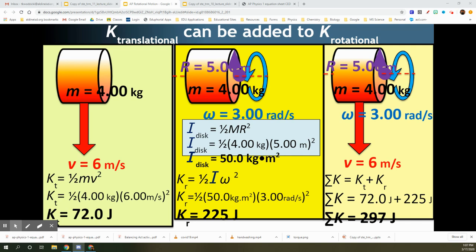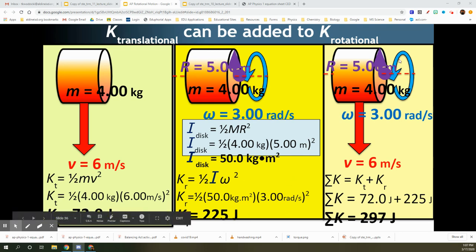So we did this problem, and it's an object that's falling and spinning. We had to keep in mind that if we wanted to just look at the linear velocity, we would have to use translational kinetic energy for that. And then we take the rotational kinetic energy, which has the formula of 1/2 moment of inertia times angular velocity squared, and find the rotational kinetic energy.